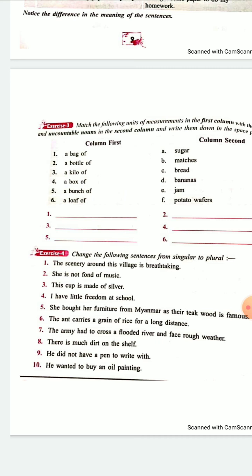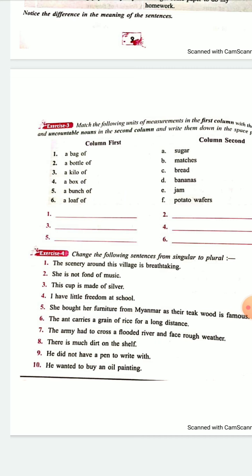You must know what to be used with what. So you can say a bag of potato wafers, a bottle of jam, a kilo of sugar, box of matches, bunch of bananas, and a loaf of bread.